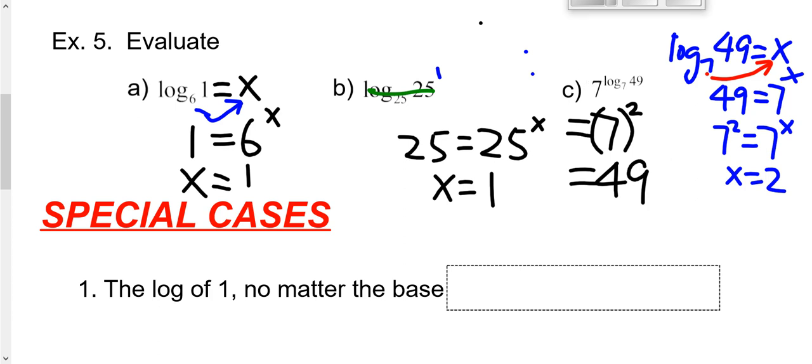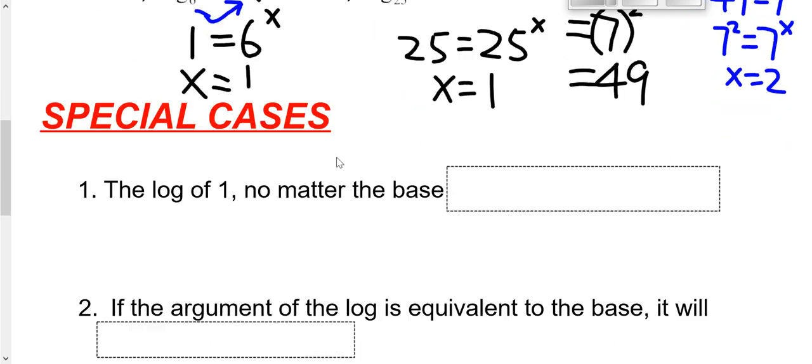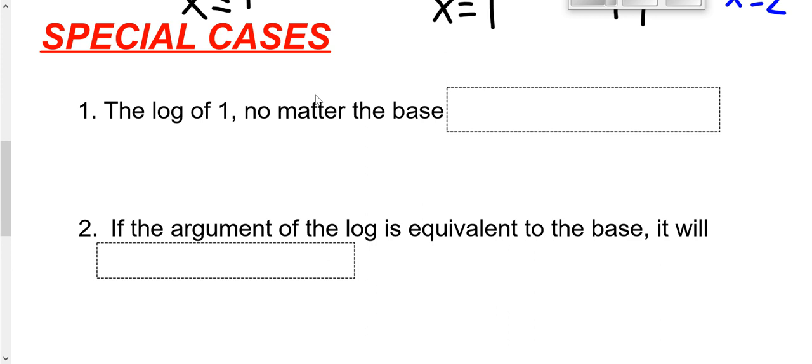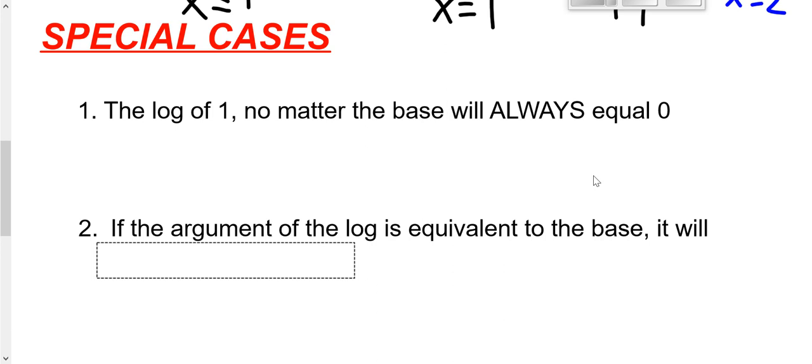So let's wrap up today's session with a few special cases. We actually touched on some of them already. The log of 1, no matter what the base is, will always equal 0. Let's use some examples to illustrate that. The log of 1, no matter what the base is, let's call this base b, would always equal 0.